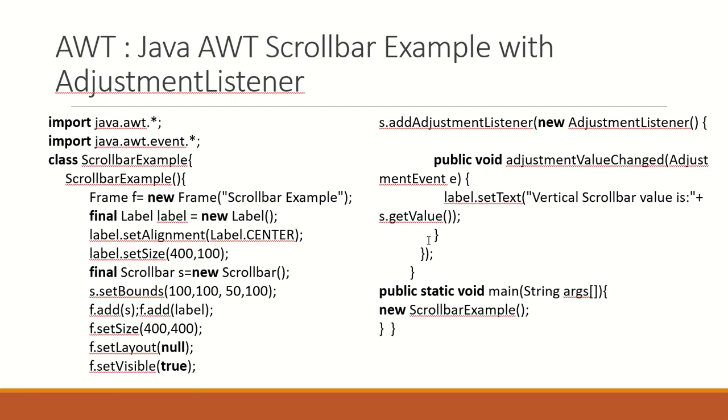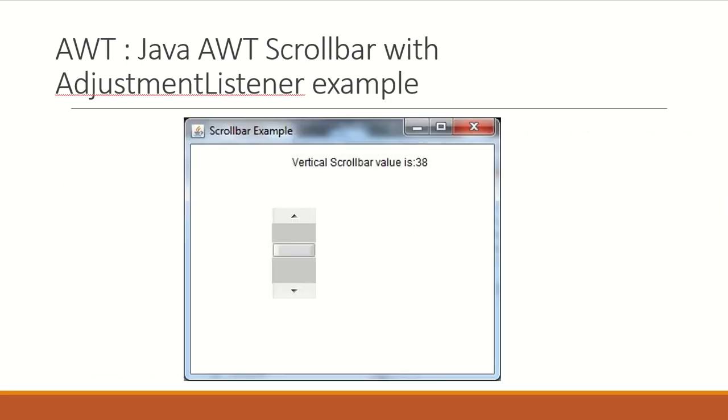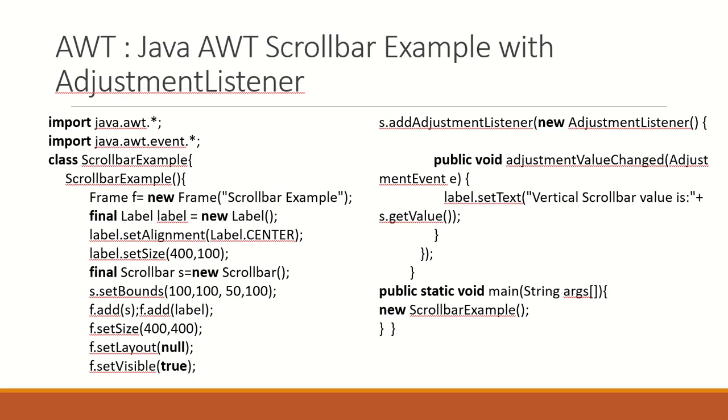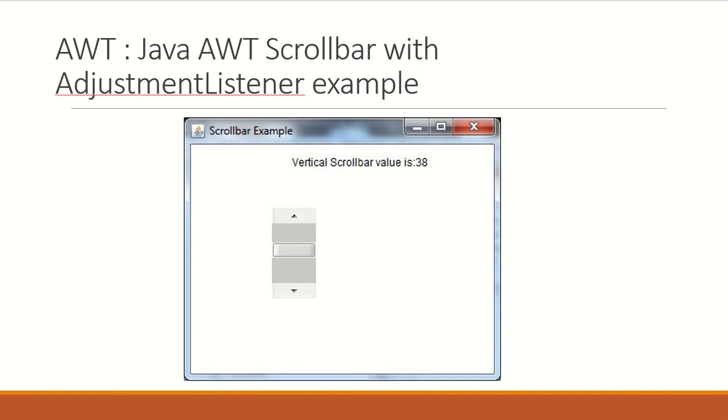You append that value to this string, and it is set as the text of the label and displayed to the user. So whenever the user changes the scroll bar, this value keeps updating because you have used an adjustment listener. I hope that was clear.